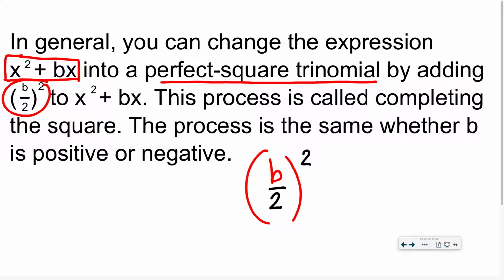This is called completing the square. I'll show you visually what we're doing when we get to an example. This works if b is positive or negative.